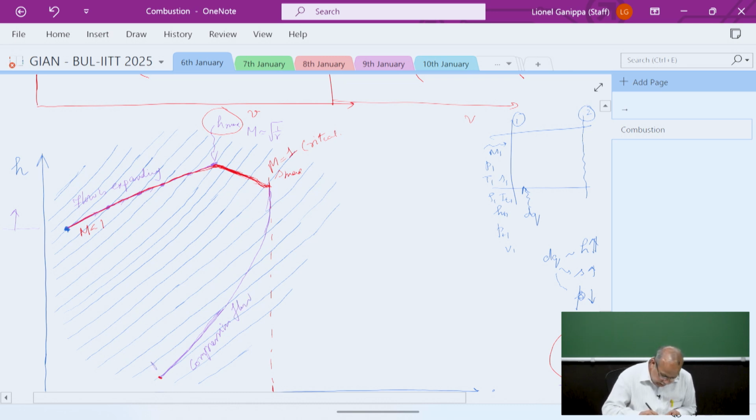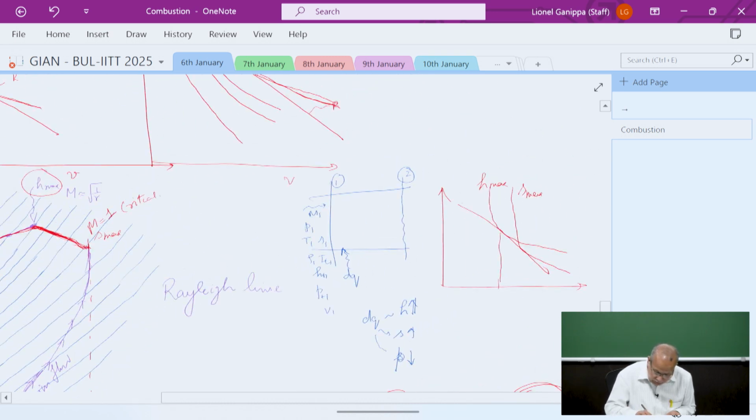Now here it has to be M greater than 1. The effect of heat addition will cause a supersonic flow to decelerate until it reaches M equal to 1. Is that clear? What you see here is called the Rayleigh line, which is the same line as what we see here. This is a Rayleigh line here. Is that clear for all of you?